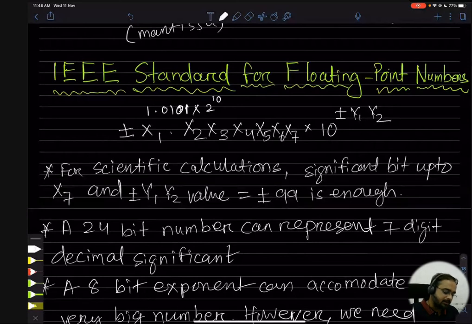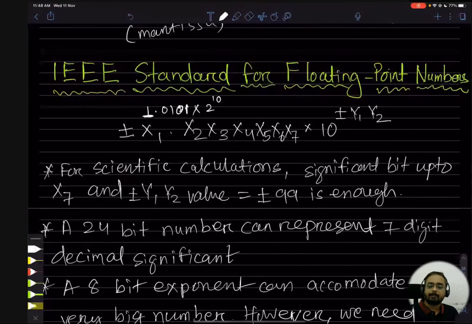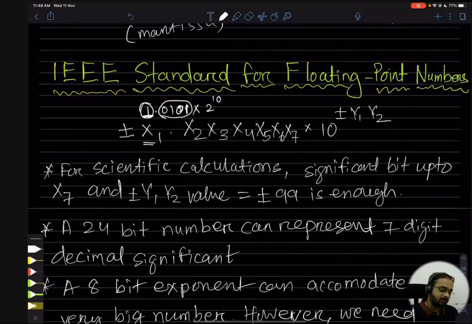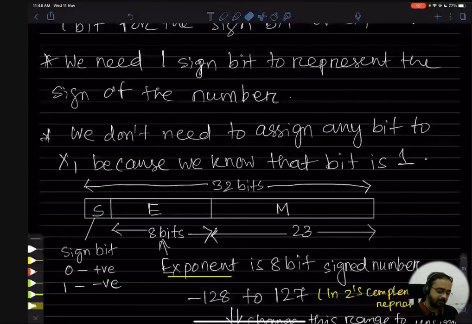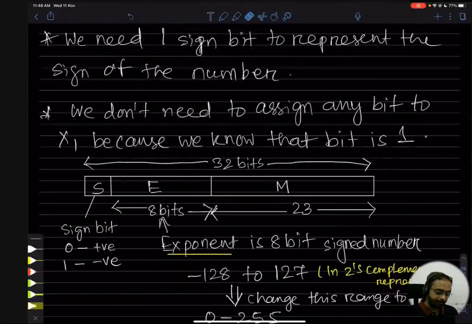So obviously this bit will be 1, and there is no need to store it. So all the 23 bits will be used here, and x2 to x7 can be represented using 23 bits. This is the idea behind taking only 23 bits in M.